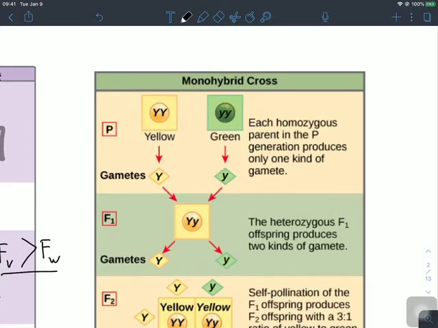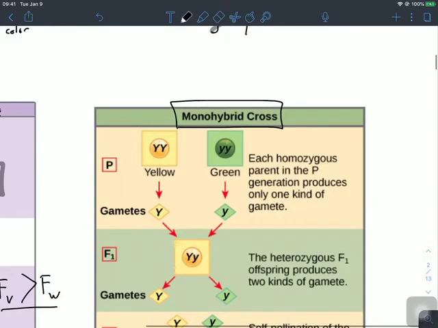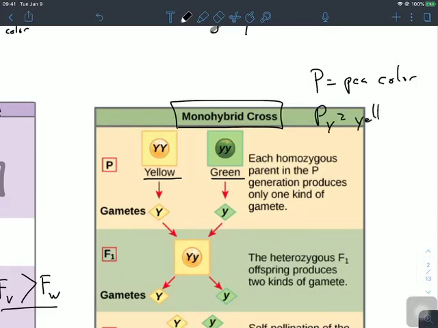Note, however, that your book does not abide by my naming convention, which, sure, but we'll keep in mind that this trait, looking at a monohybrid cross, because you're looking at a completely yellow and a completely green pea color here, should be labeled, to be consistent with my nomenclature, P equals pea color, PY equals yellow, PG equals green.